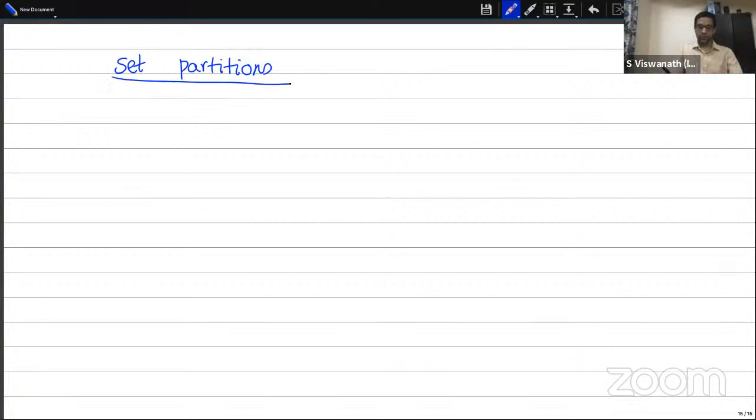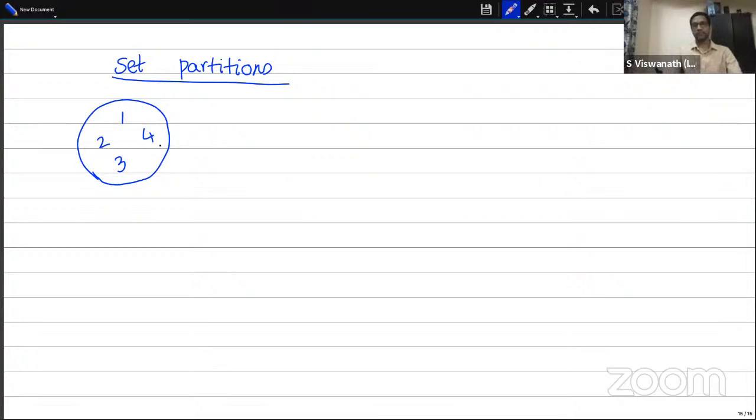So here, what are you doing? You're putting labeled balls, that is, the balls have some numbers on them, but you're putting them into identical boxes. The boxes, you don't care in which order they are arranged. And this corresponds to saying I have a set, for example, let's say I have a set of 4 elements, 1, 2, 3, 4, and I then want to partition this into some k subsets.